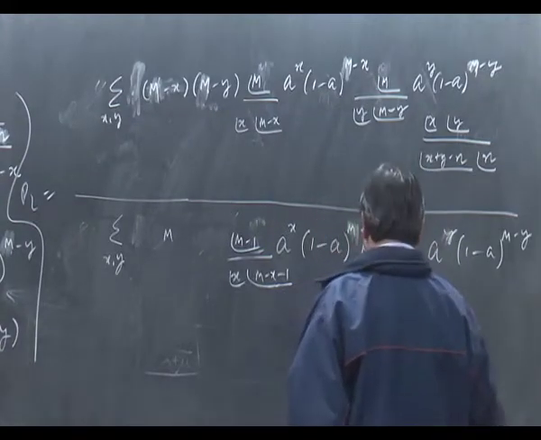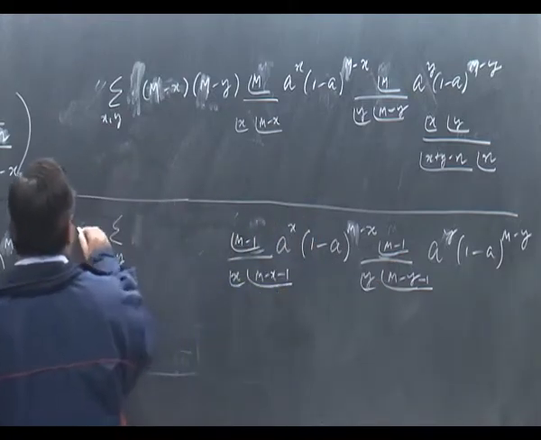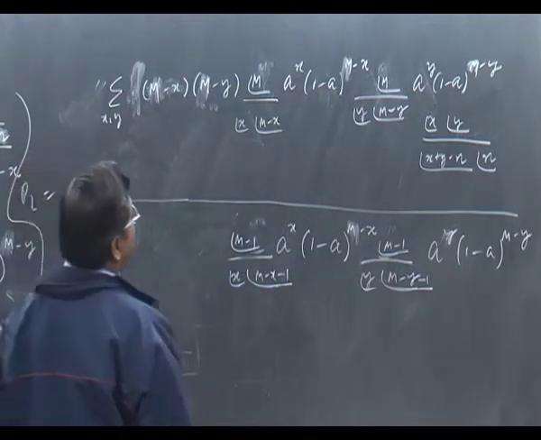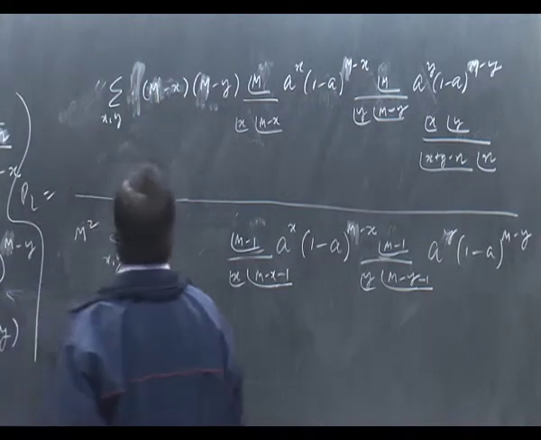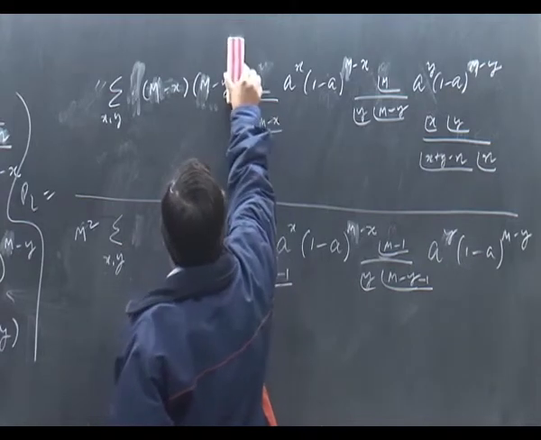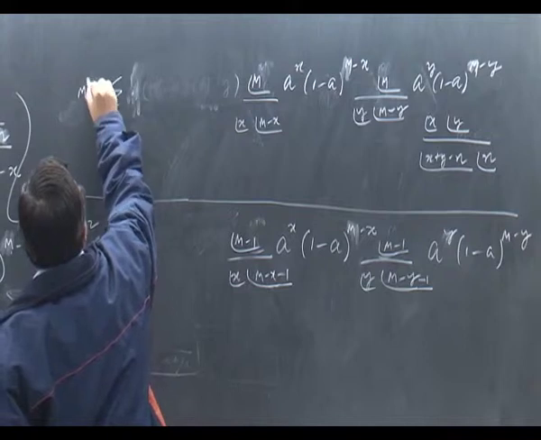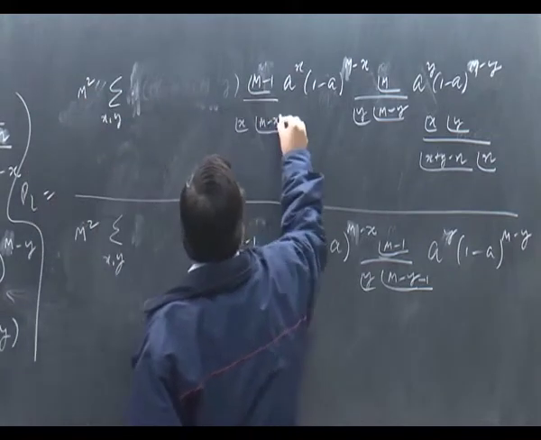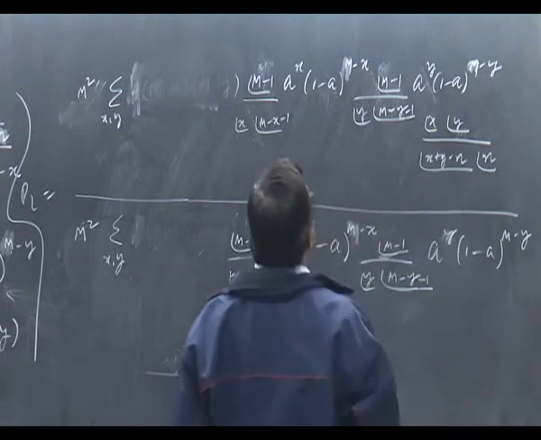I can take these m square out. I can do the same thing on the numerator side. So I will end up with m minus 1, m minus 1, minus 1.